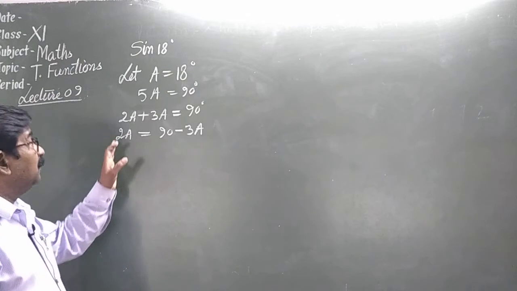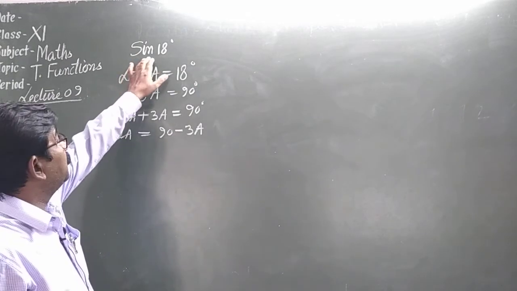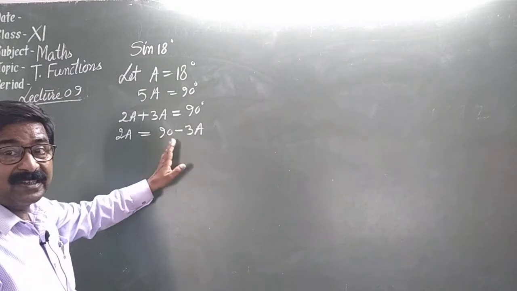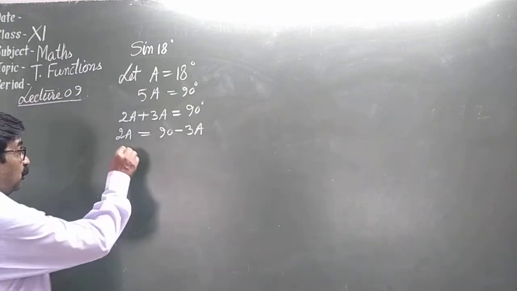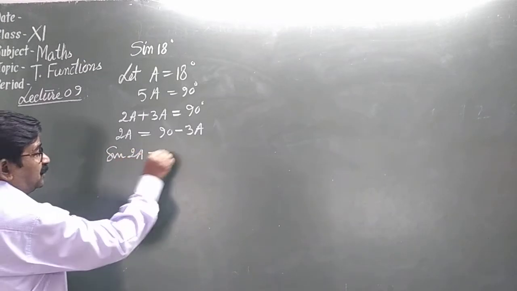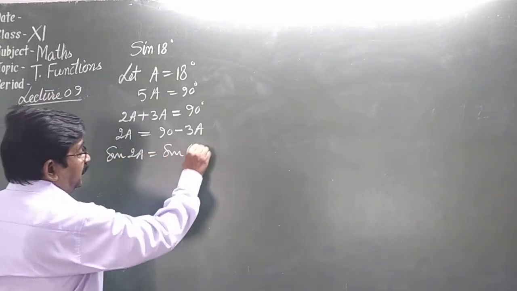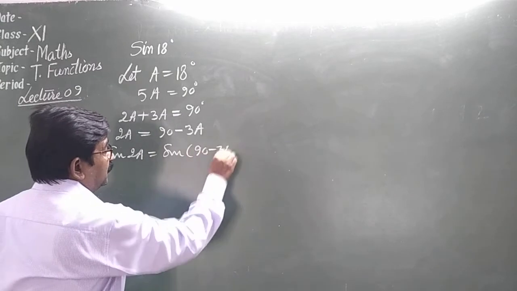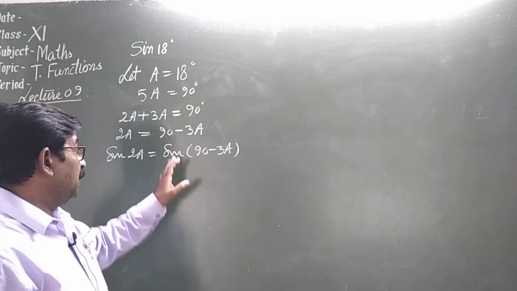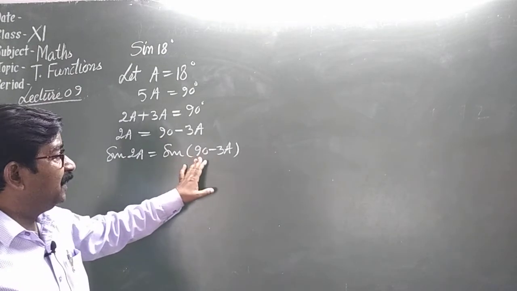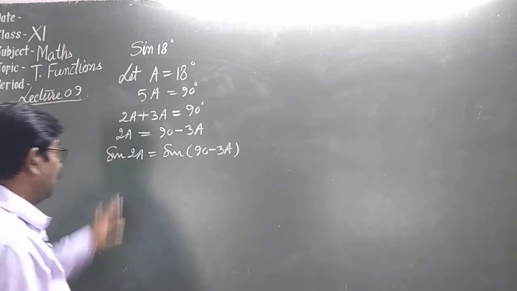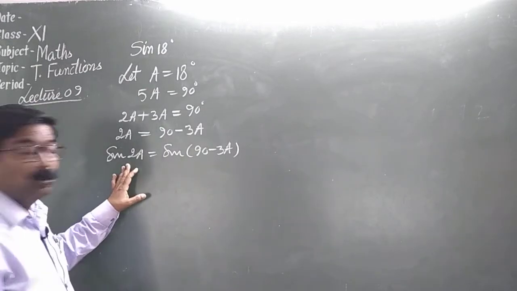Now we have to obtain the value of sine. So take sine on both sides. So we can write sine 2A is equal to sine of 90 minus 3A. Now this side we have sine 90 minus theta. This side we can break using the sine 2A formula.